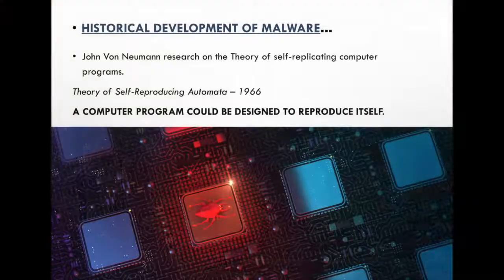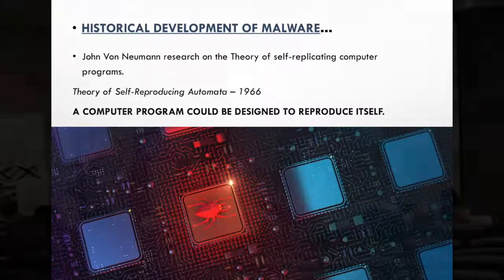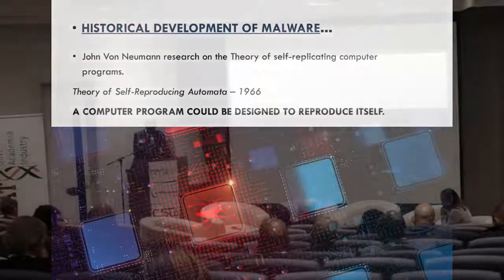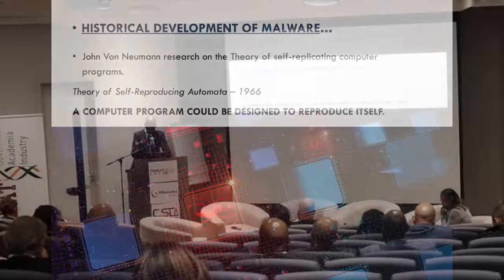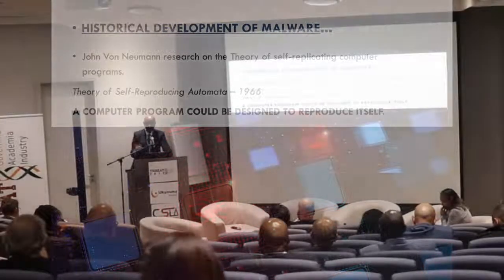Malware has its origins in the publication of John von Neumann in his lecture theories in 1949, where later in 1966 a paper was developed called the Theory of Self-Reproducing Automata, based on the lecture theories of John von Neumann. In that paper, he explains that a mechanical organism, like a piece of code, can be used to replicate itself automatically. So that's really the basis of what we see today.